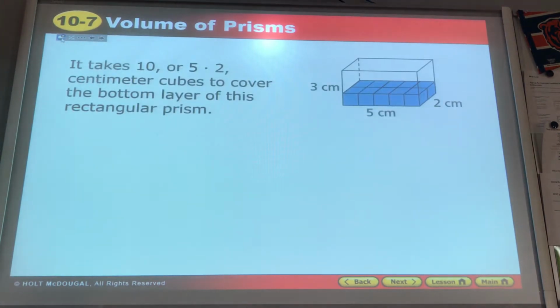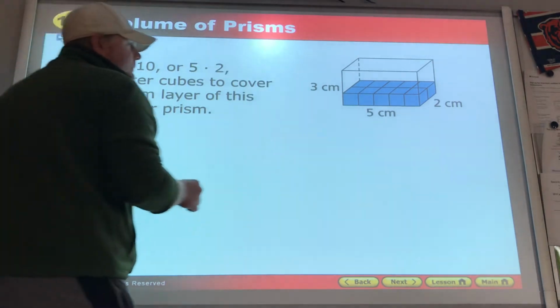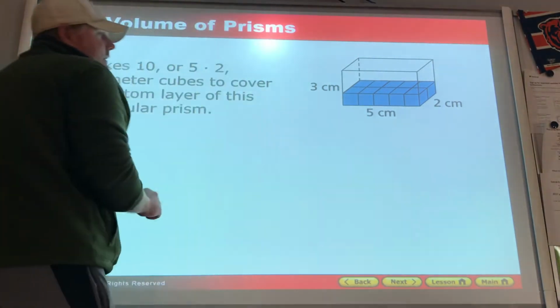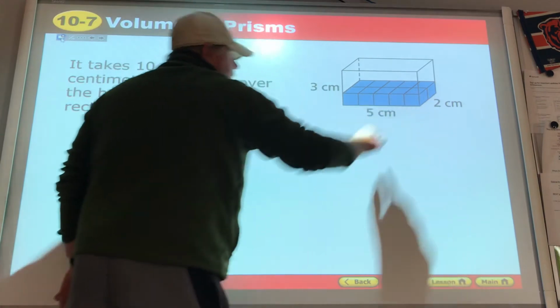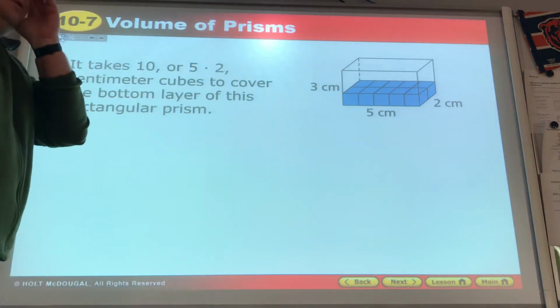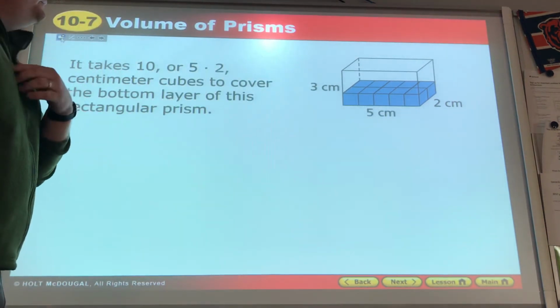It takes 10, or 5 times 2, centimeter cubes to cover the bottom. So, look, to cover the bottom, the cubes, they're 3D. 5 times 2. Hey, that's how you find the area for a rectangle, which would be that bottom rectangle.